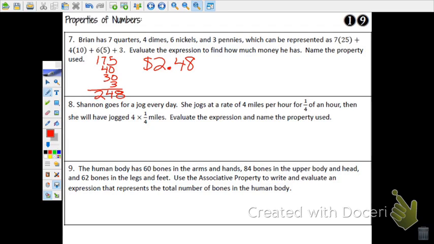So we started out with this statement about the coins he had, and then we changed it to a math problem. So if we look back at our properties, which number property are we using?